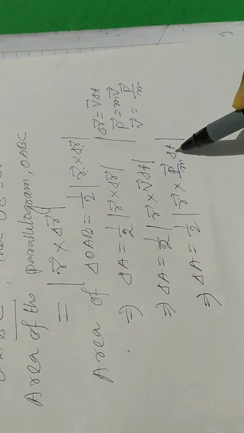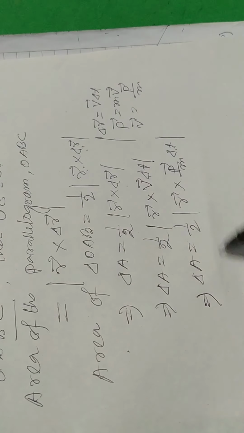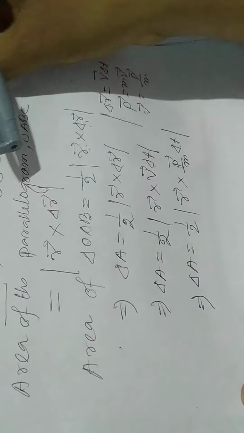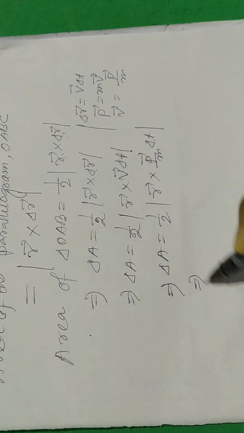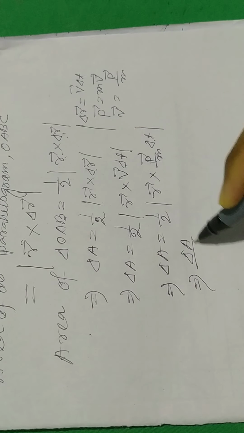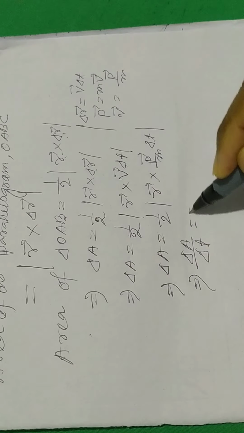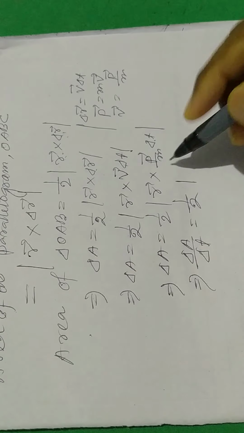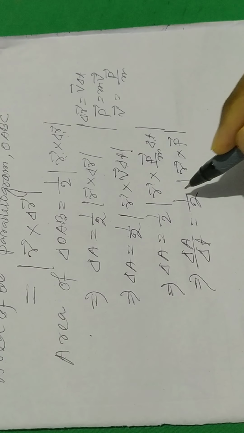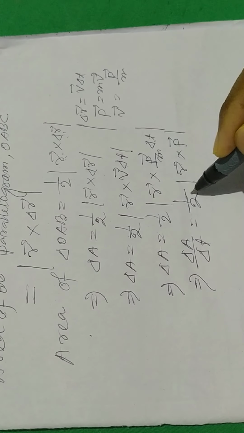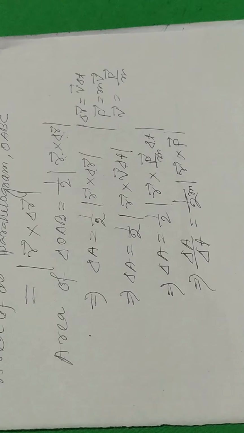Now del t we are bringing to the left-hand side. Del A by del t equal to half R cross P, also mass we are bringing outside, 1 by 2m.